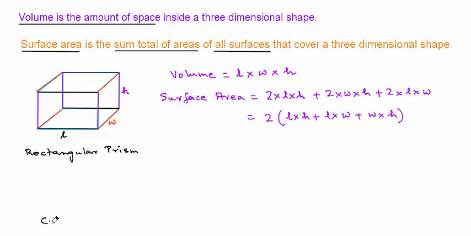A cube is a special type of rectangular prism in which all the rectangles are squares, which means the length, the width, and the height of a cube are all the same.